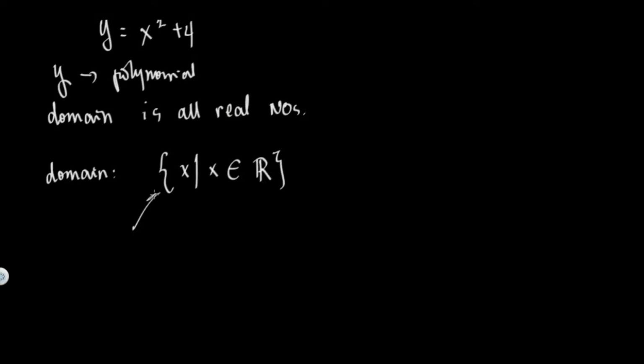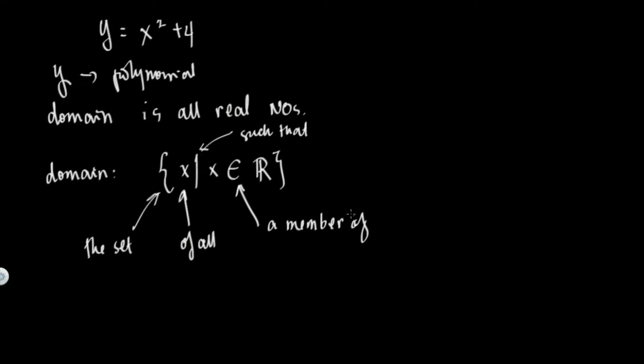Yung bracket, ang ibig sabihin yan, the set, ito naman, of all x's, itong bar na to, yung vertical line, such that x, itong parang e na yan, a member of, and this symbol, actually this is a special symbol used for real numbers.